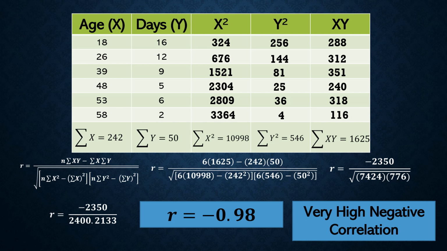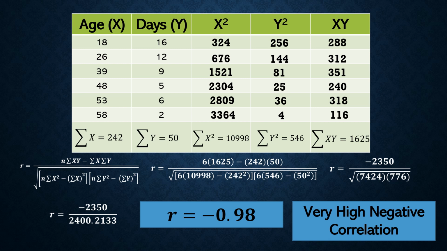Now, how are we going to interpret a very high negative correlation in our given problem? If you take a look, since it is negative, like what I told you, if we have negative correlation, as the value of x increases, the value of y decreases.